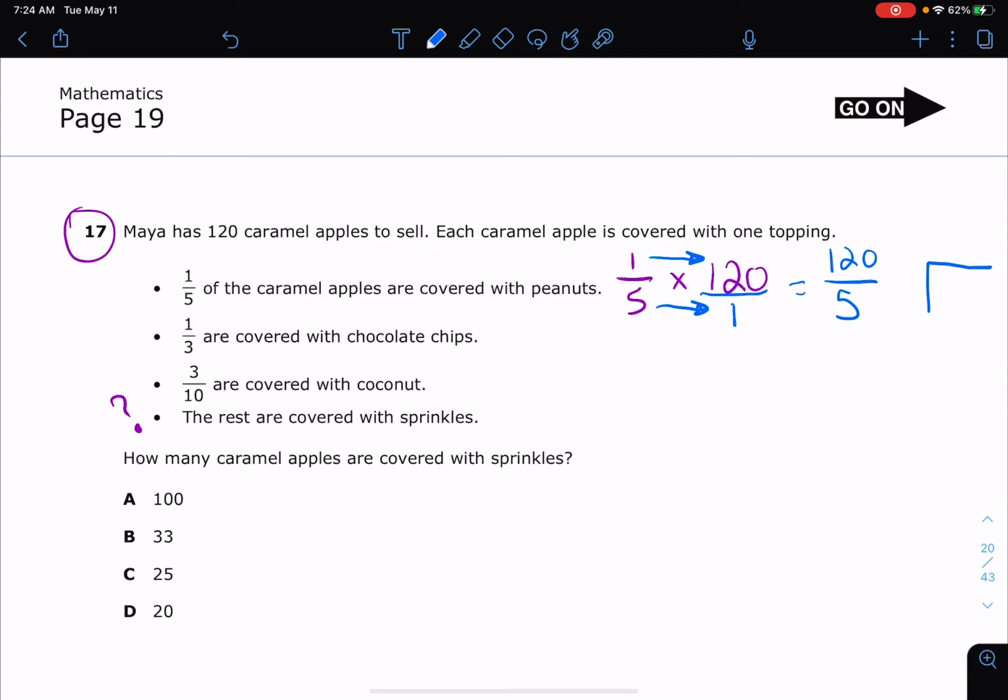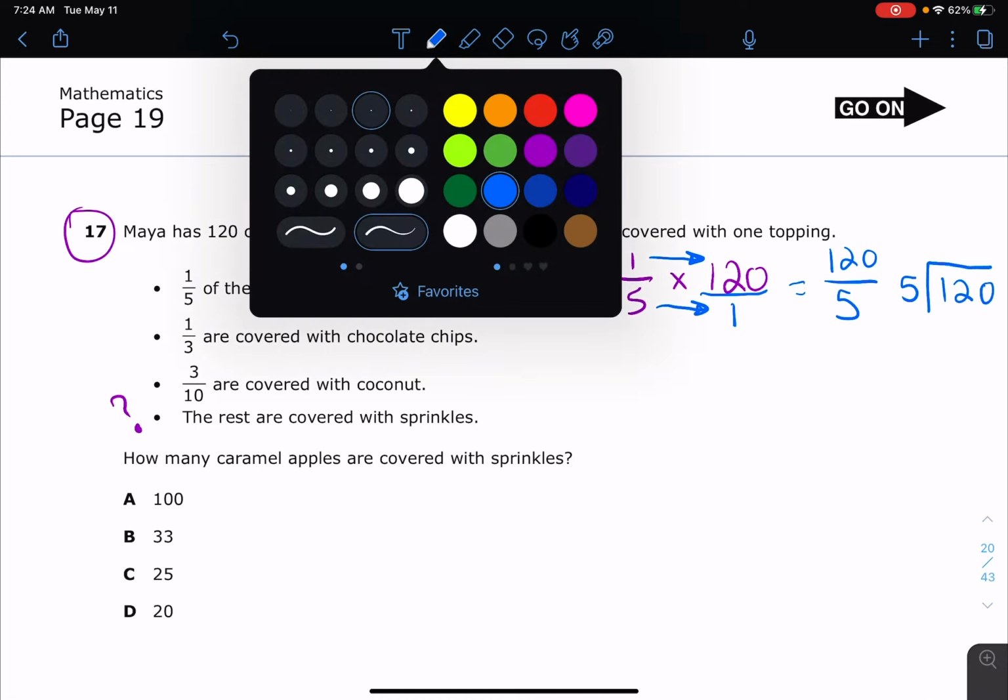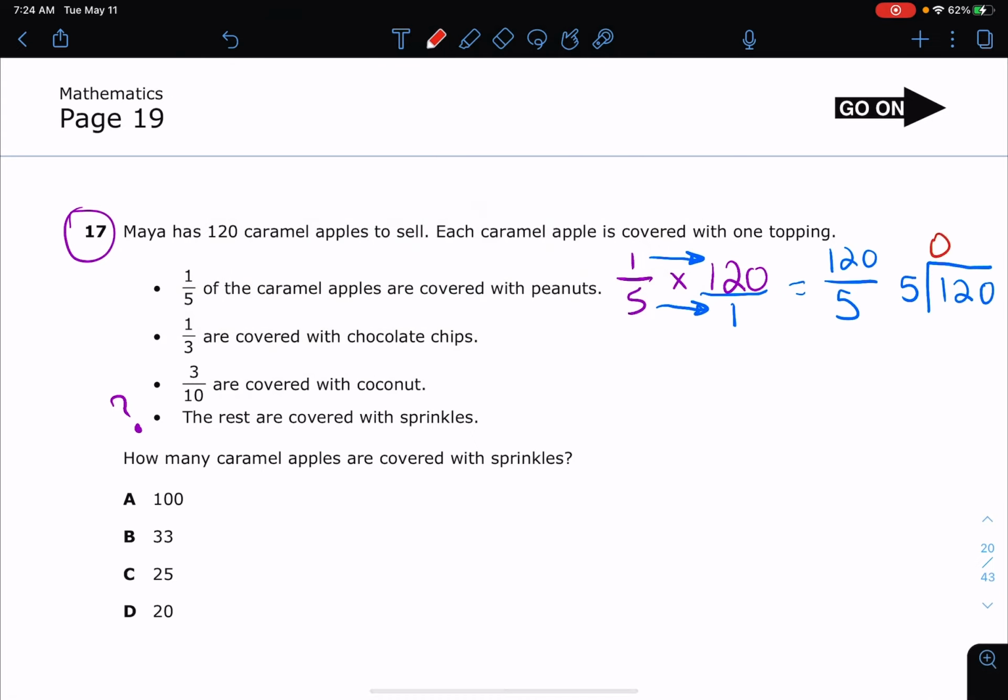Fracciones siempre son divisiones. Person goes inside and the horse is outside. And now divide. 5 into 1 is 0. 5 into 12 is 2. Bring down the 0. 5 into 20 is 4. So 24 apples have peanuts. 24 manzanas tienen cacahuates.